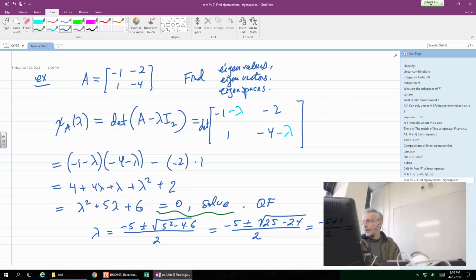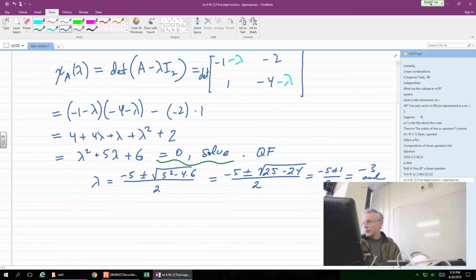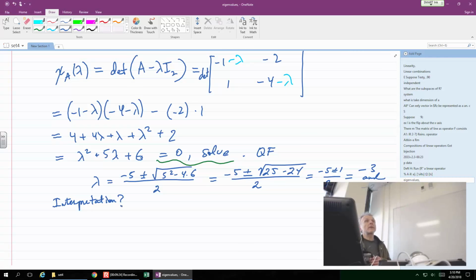Okay, so before we find the eigenvectors, let's interpret this. So what's the interpretation of these 2 numbers? They're not zeros. So we found the eigenvalues, but what's the meaning of the eigenvalues, so that we can extract something useful from this.